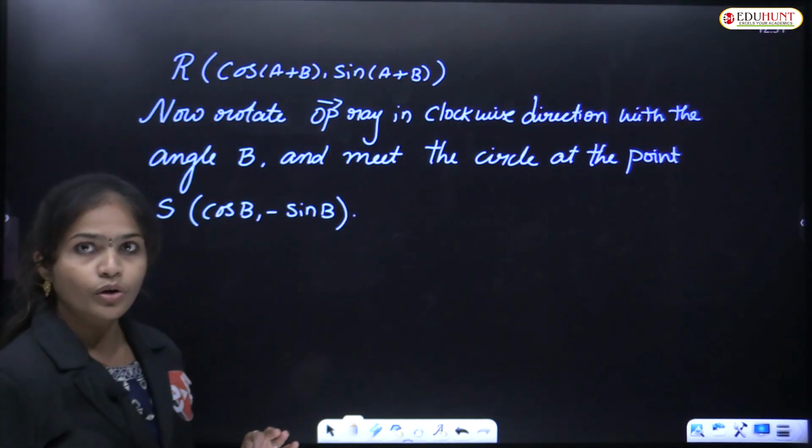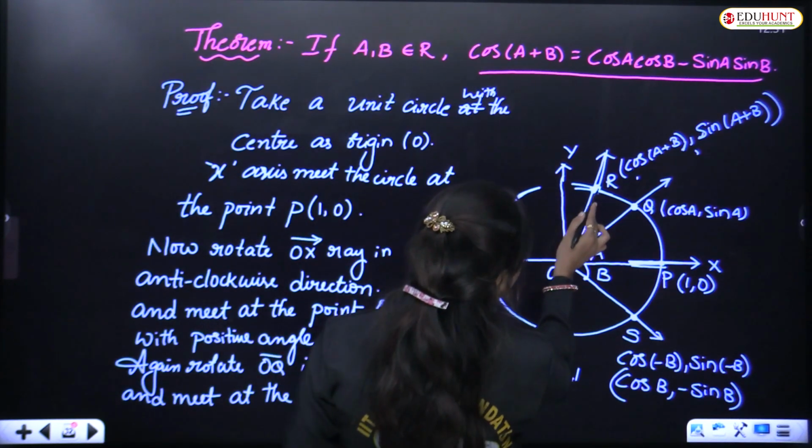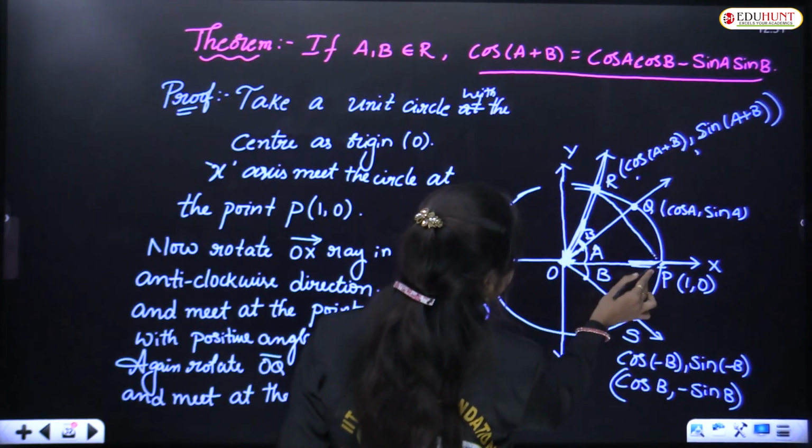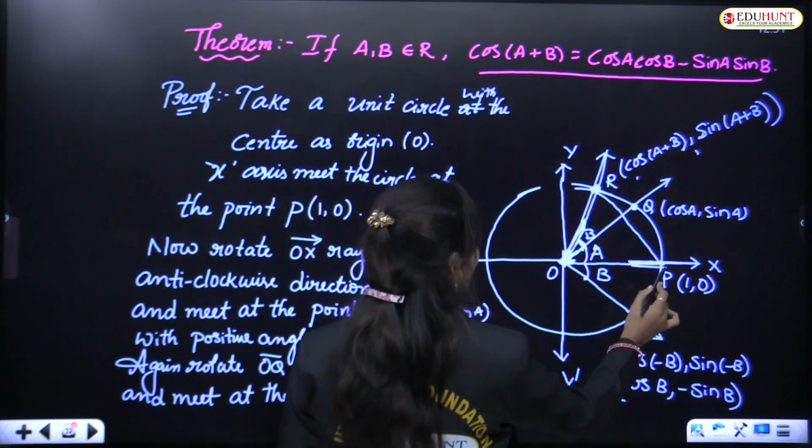Now, after that, what do we have to do? See the diagram. If you join R and P, here we can observe the triangle OPR.